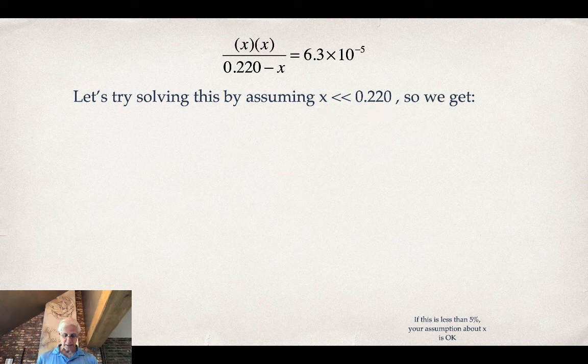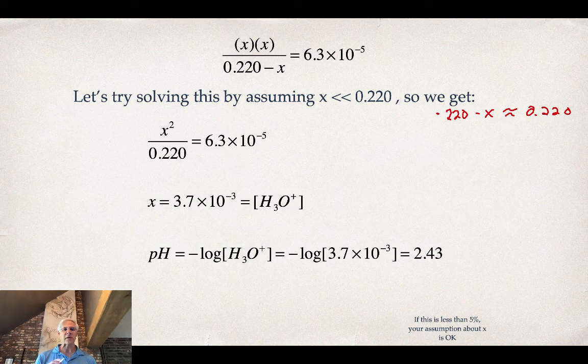So we're going to say that 0.220 minus x is essentially equal to 0.220. It's an assumption. It's a mathematical assumption. It's an approximation. We're going to check the validity of the approximation at the end of this calculation.